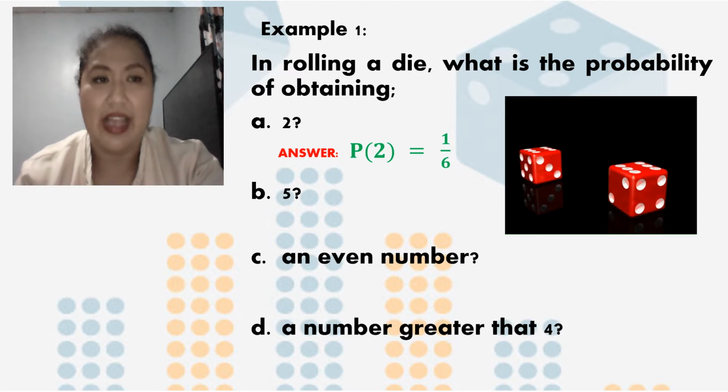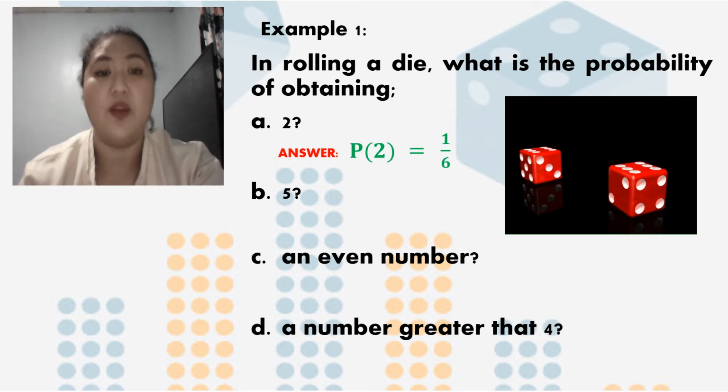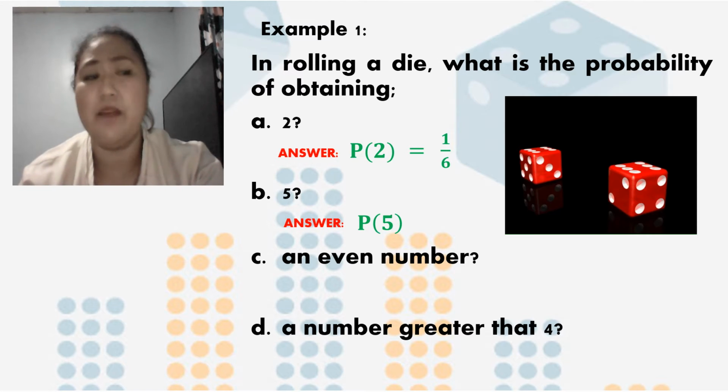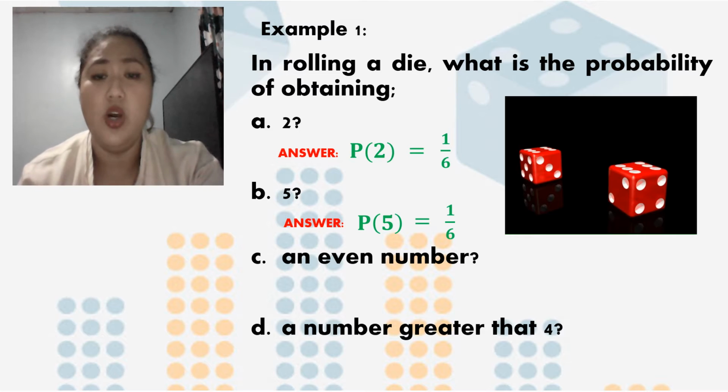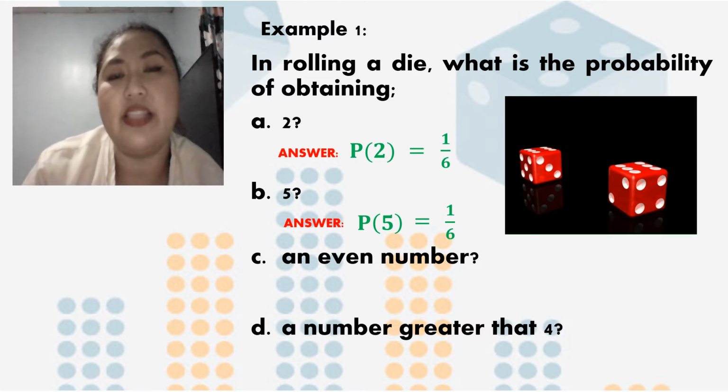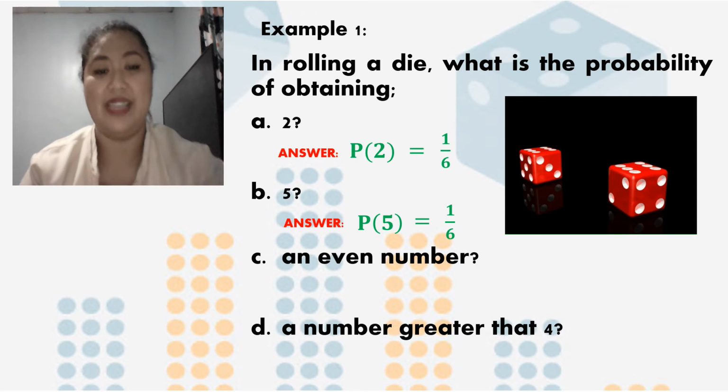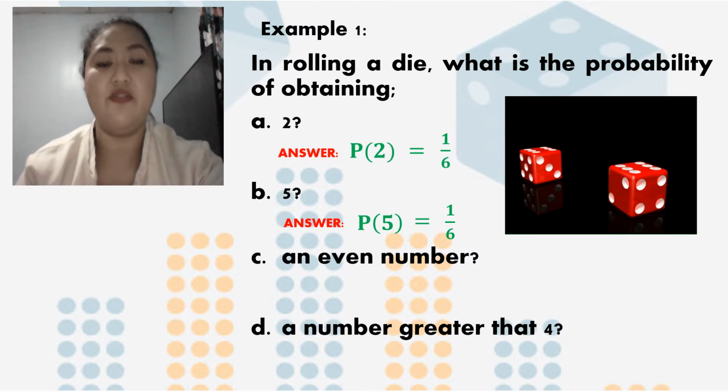So dito naman class, mag-o-obtain daw tayo ng 5. So kagaya ng letter A, iisipin natin ilan bang 5 ang meron sa isang die. So again, we only have one 5 in a die. So therefore, yung probability na ma-roll mo ay 1 over 6 also. Okay? Let's proceed with letter C, the probability of obtaining an even number.